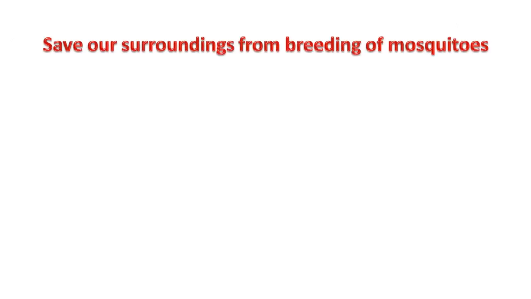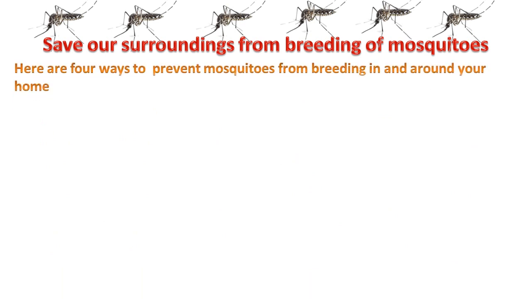Save our surroundings from the breeding of mosquitoes. Now let us see how we can protect our home and its surroundings from the breeding of mosquitoes. There are mainly 4 steps to prevent mosquitoes from breeding in and around our home.